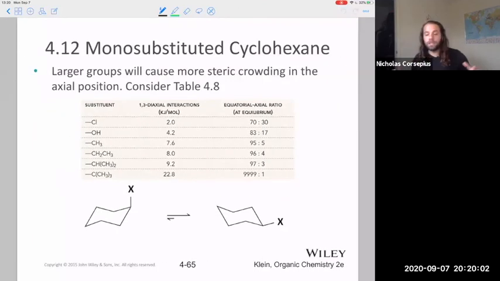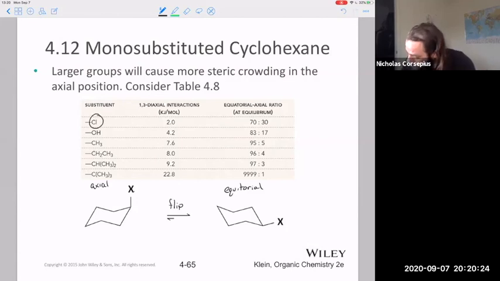And the effects only get more dramatic the bigger the group you have, right? So again, this equilibrium is representing the flip, where here it's the axial, and over here we have the equatorial. And here we have this variable substituent. What this table is showing us is what happens when I put in a chlorine.